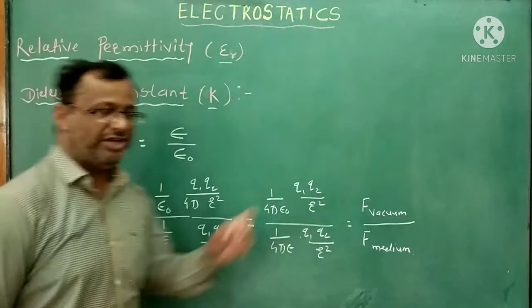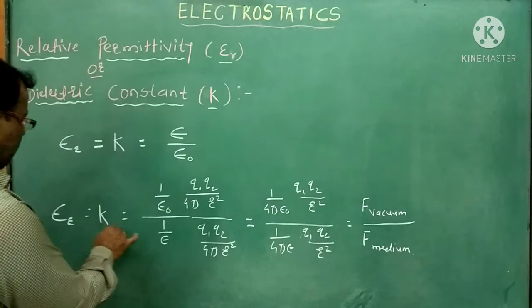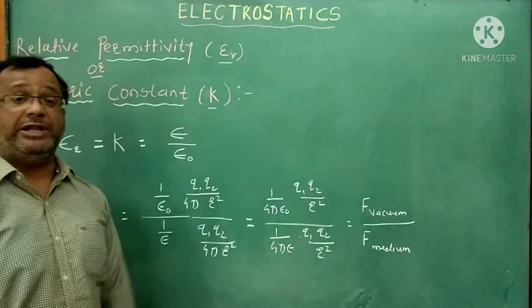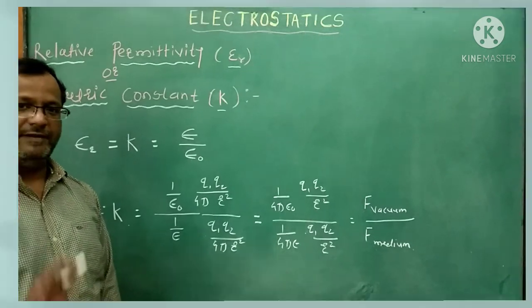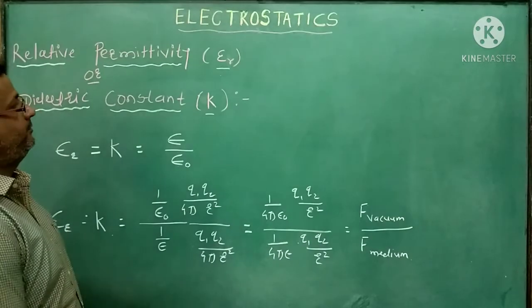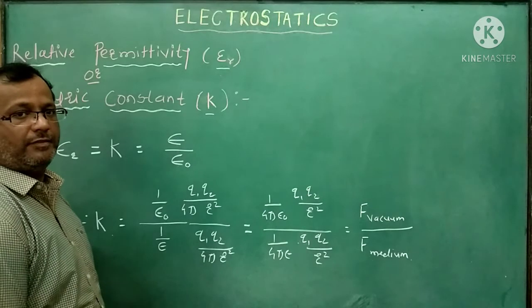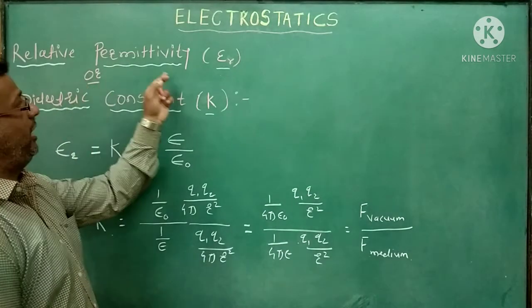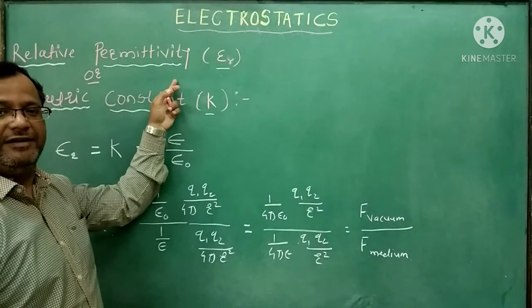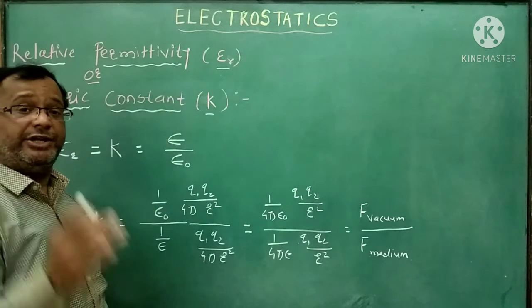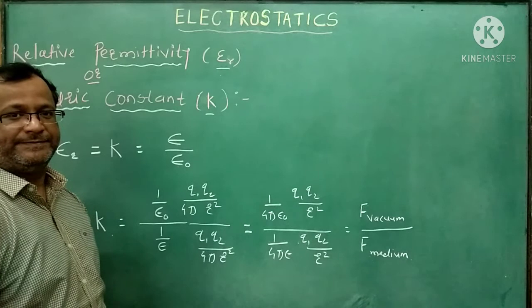So this ratio is called the dielectric constant or simply relative permittivity. This relative permittivity is also called the specific inductive capacity.